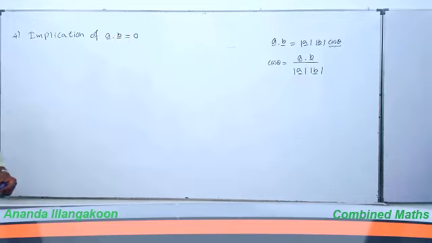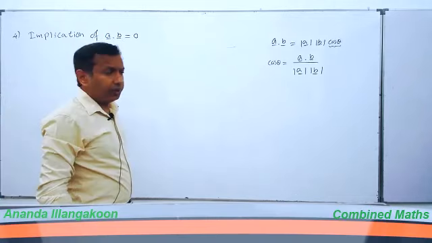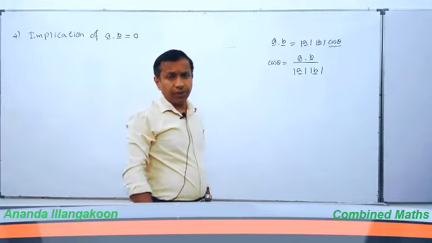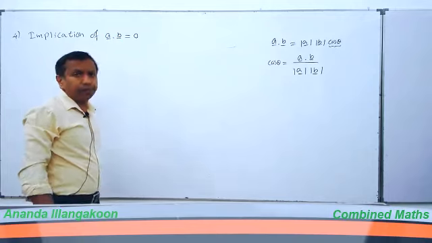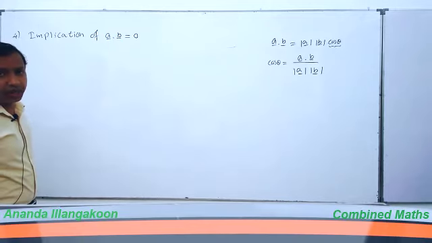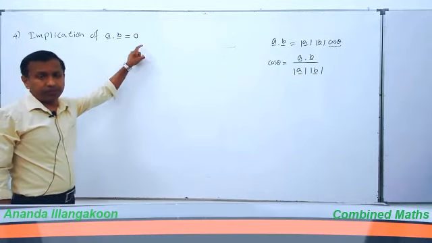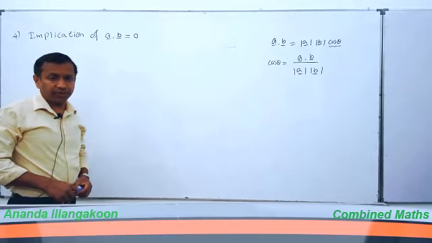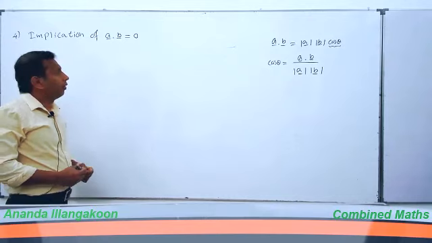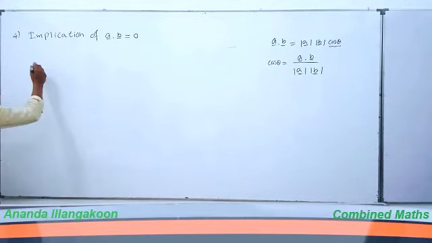What is meant by this implication? Implication means the results we can get from A dot B equals 0. That's the meaning of implication. Let's see.